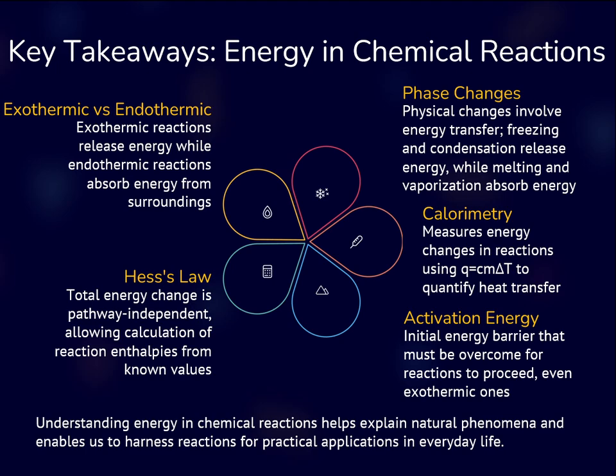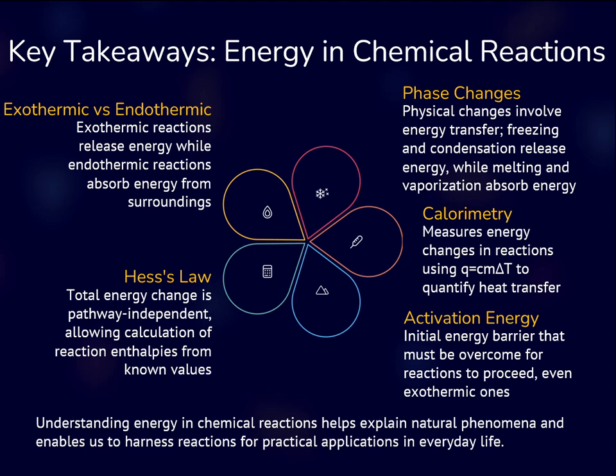Calorimetry measures heat transfer in systems using specific heat and temperature change. Activation energy is the energy needed to get any reaction started. And Hess's law and standard heats of formation are tools used to calculate energy change for complex or indirect reactions.